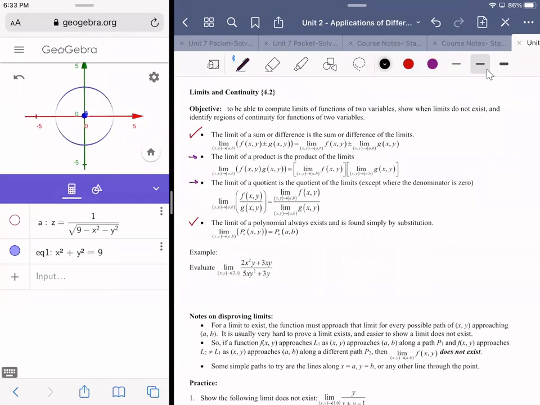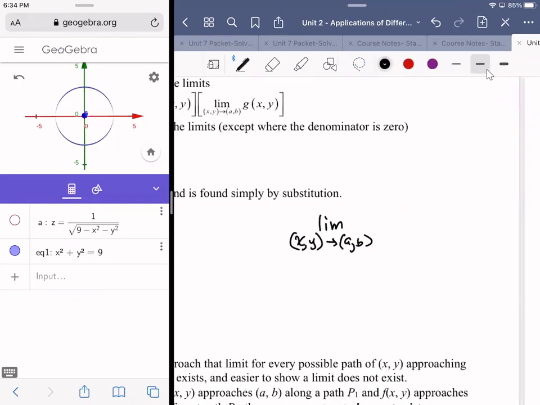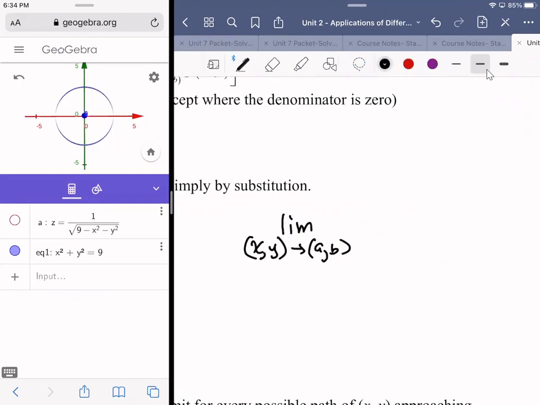So if you have something like the limit as (x, y) approaches (a, b), you'll find that your least favorite part about finding limits with these kind of questions, or I'm sorry, with multivariable functions, is going to have really everything to do with physically writing stuff.